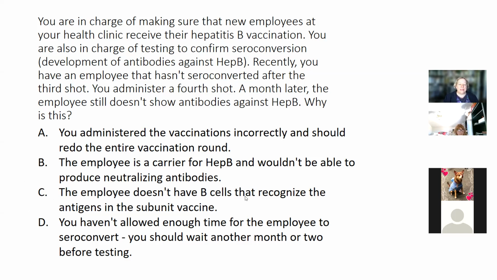But this one actually is a better answer because this answer explains this one. In the process of making the variable region of antibodies, the body does the shuffle thing to come up with as many different unique combinations as are possible. In biology, nothing is 100%, and not everybody is going to have B cells that recognize every epitope.